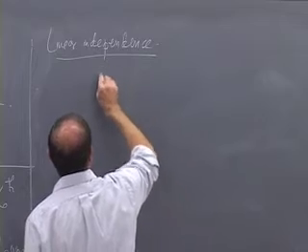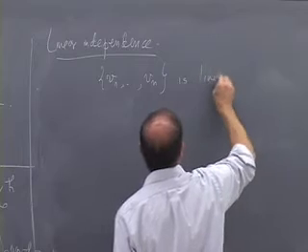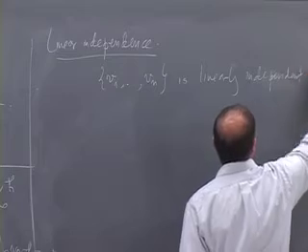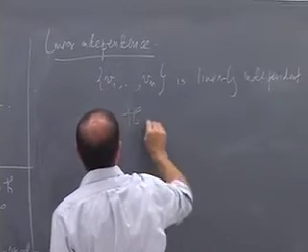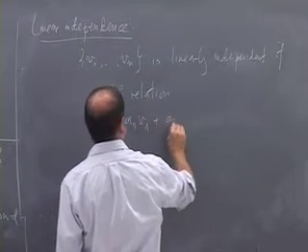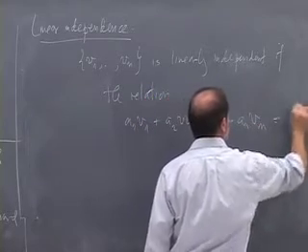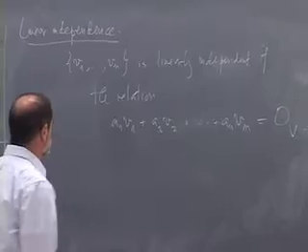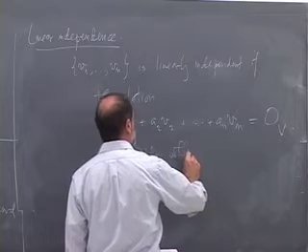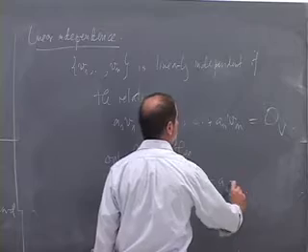You say a set of vectors v1, ..., vn is linearly independent if the relation a1 v1 plus a2 v2 plus ... plus an vn equals the 0 vector only holds when a1, a2, ..., an are all the 0 scalar.